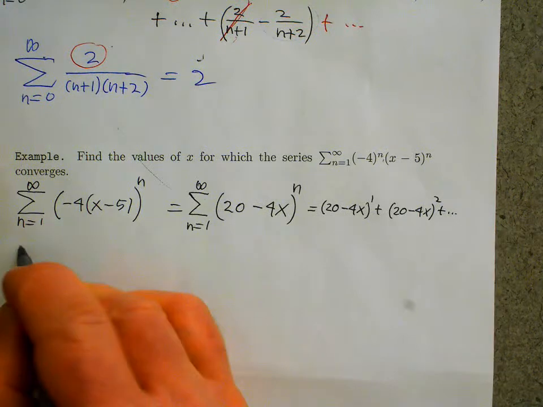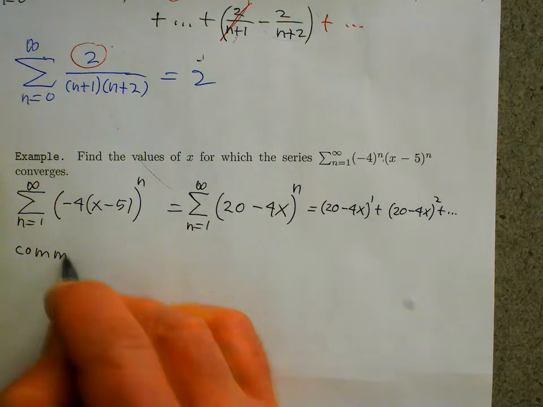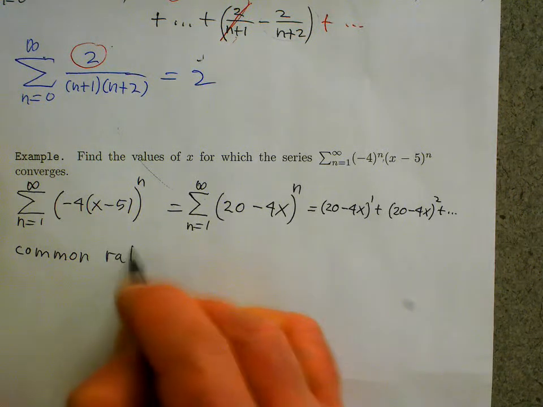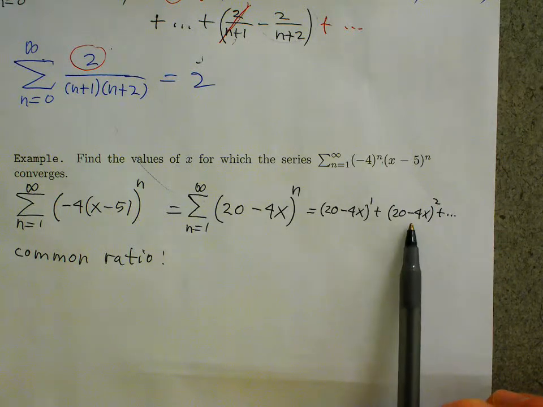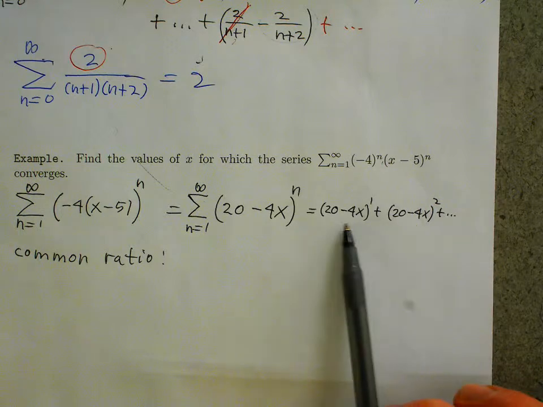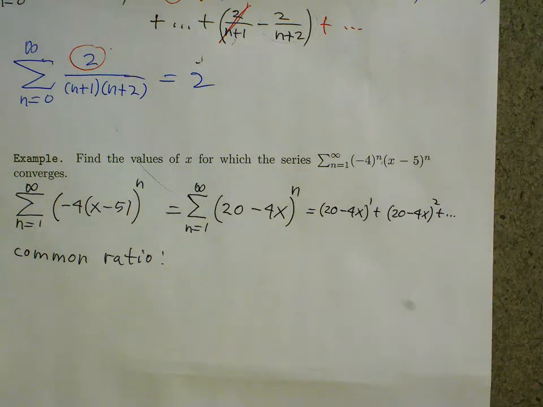So what's the common ratio? If we divide a term in the sequence by the term that comes before it, in a geometric sequence, it's always going to be the same quantity.